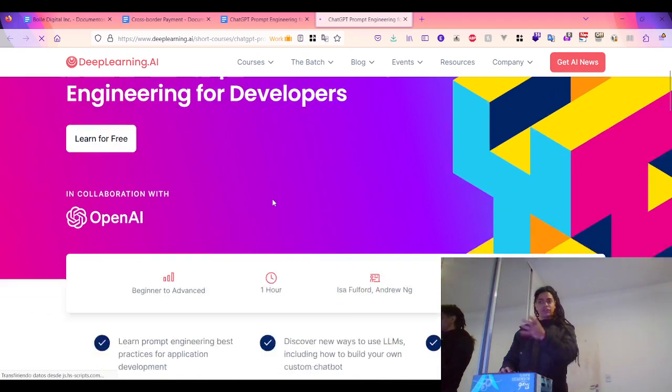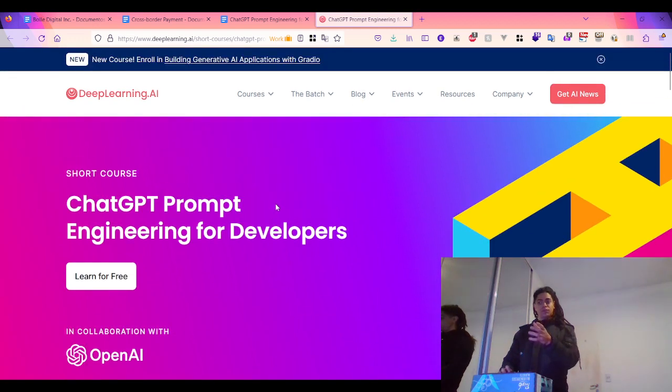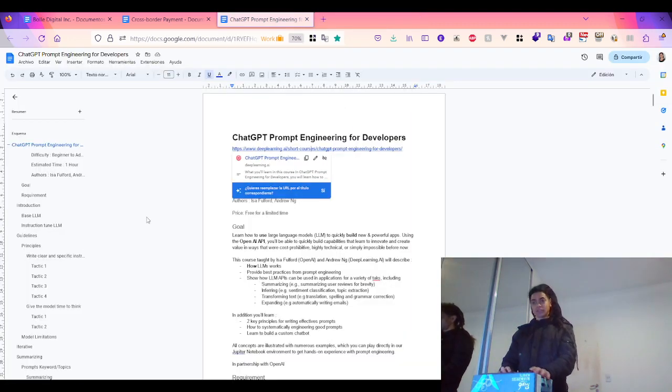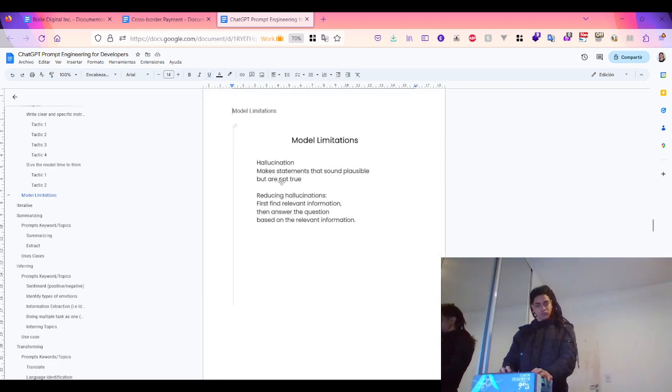So using this concept, whether it's the principles or the iterative approach. On the principles, we talk about things like writing clear and specific instructions, and giving the model time to think, as well as several tactics. Also, understanding the model limitation, which is something called hallucinations.